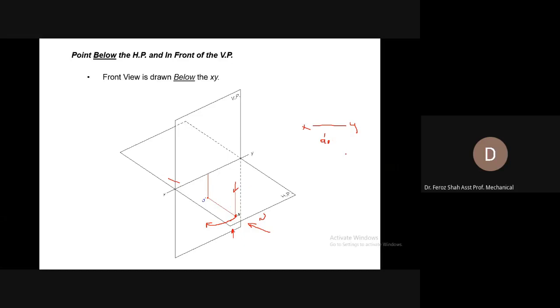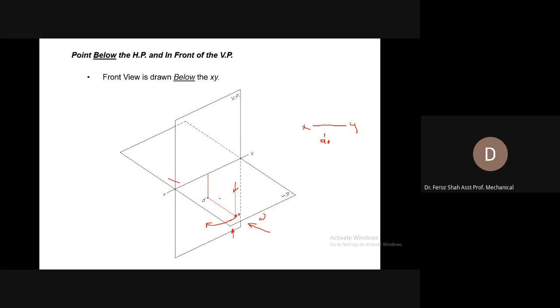So its top view will come below the XY reference line. Now, if the point is equidistant from both planes, for example, if the point is 10 millimeter below the horizontal plane and also 10 millimeter in front of the vertical plane, in that case, the two views could overlap.